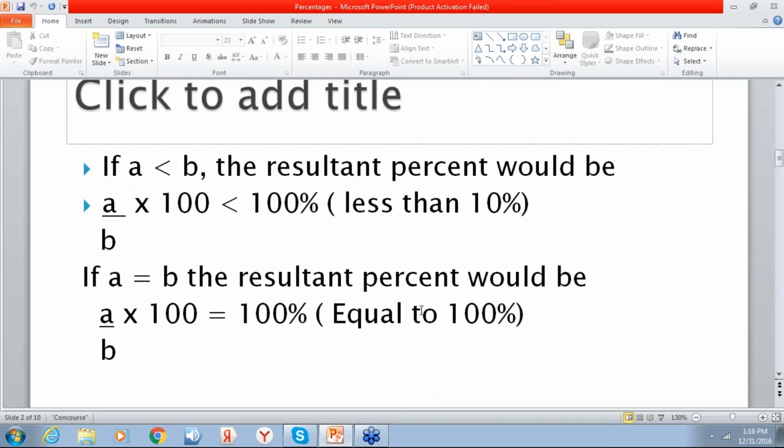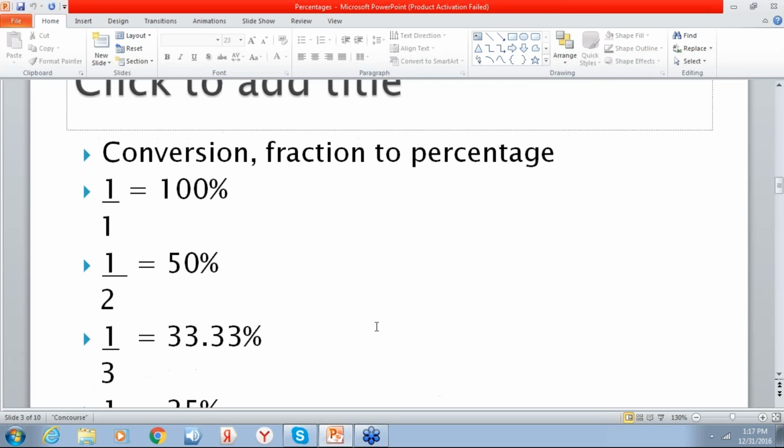If A is less than B, the resultant percent would be less than 100%. If A is equal to B, then the resultant percent would be equal to 100%.